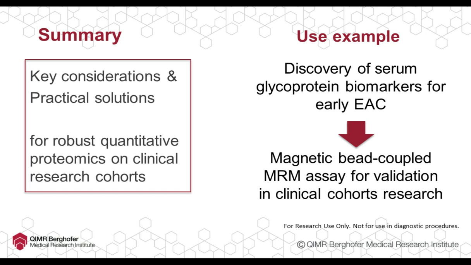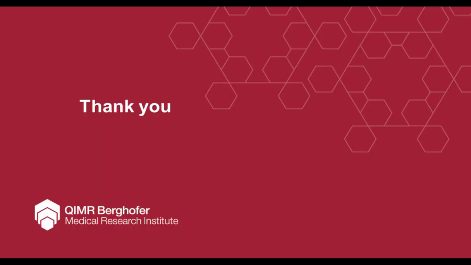Over the 3-month run, we achieved excellent reproducibility for the spiked-in standard, so we were quite confident of the result. So now we're looking at further developing the assay for clinical use in the future.